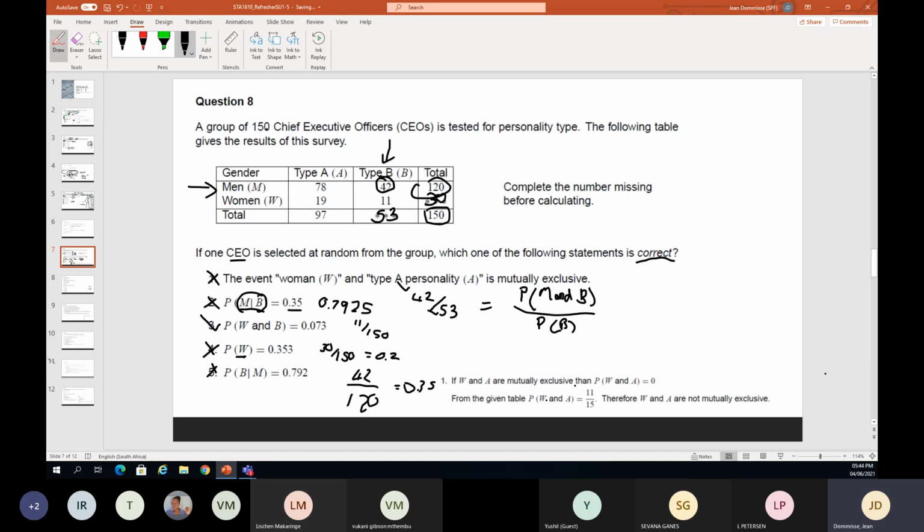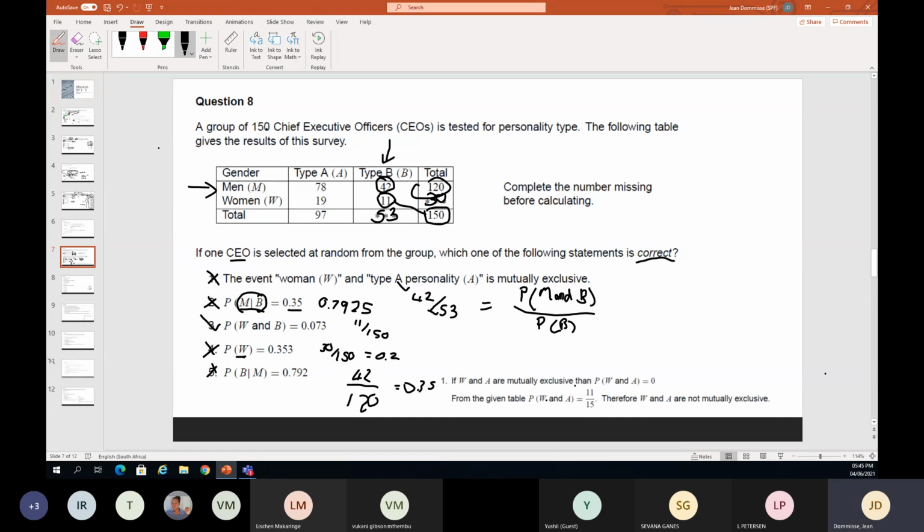So here they just ask us what's the probability of that happening. We don't know if it is given type or given gender, so then we assume it is the total sample, and that's why we divide by the total of 150. The same with question 4, what's the probability of women? So it is basically the 30 divided by the 150.